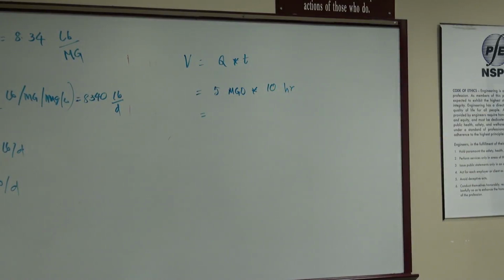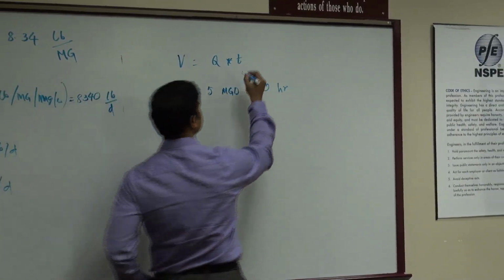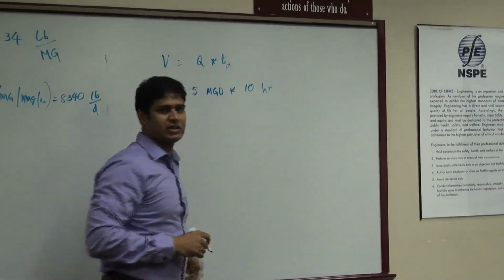Is that right? Let me know what answer you get. About 2 million, right? So the answer is C. T is nothing but your detention time. Sometimes it can be called detention time.